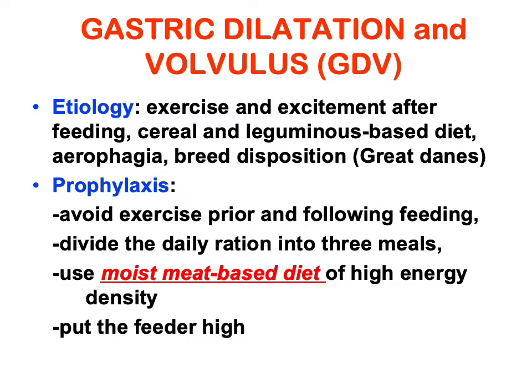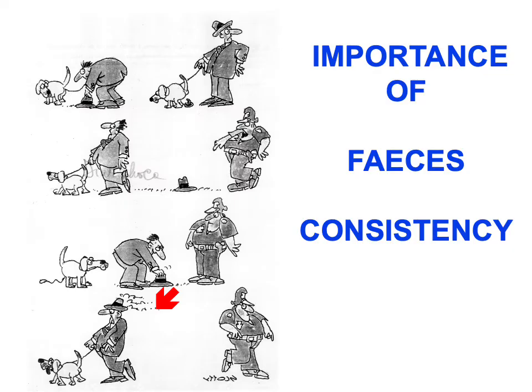And now we will see in the next part how important the feces consistency is, not only in this joke, but also in real clinical everyday life, from dog, cat up to the human.